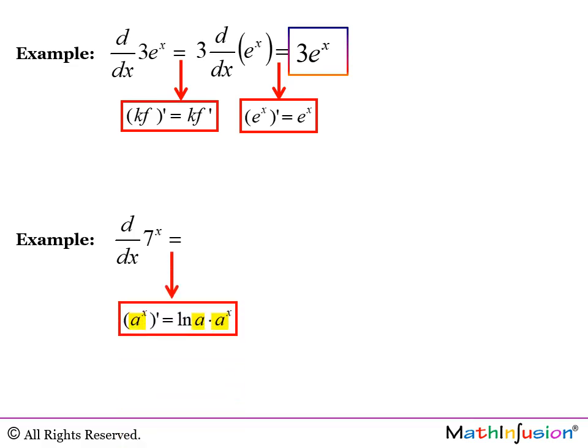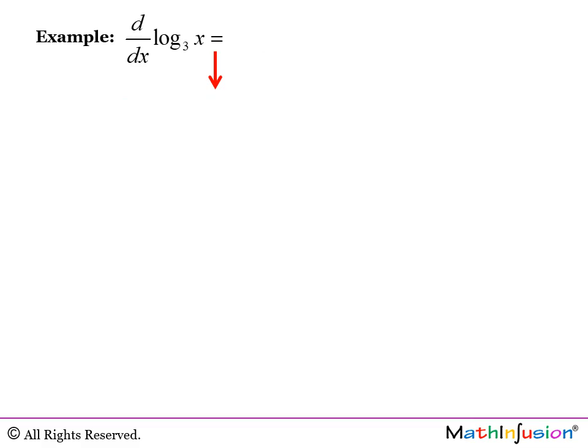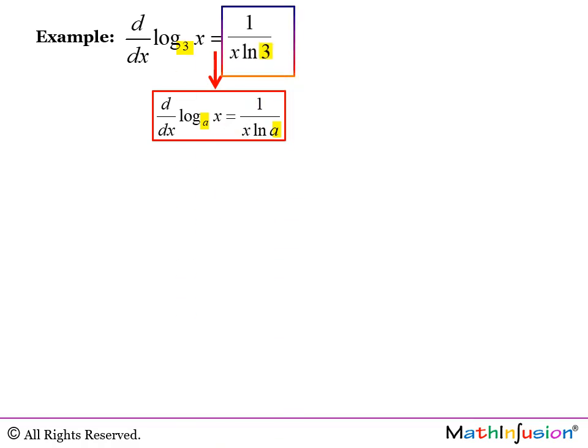You just have to memorize that. And here a is 7. And we get ln of 7 times 7 to the power of x. Example: differentiate log x base 3. Because this is the answer, you just have to figure out that a is 3. And you get that.